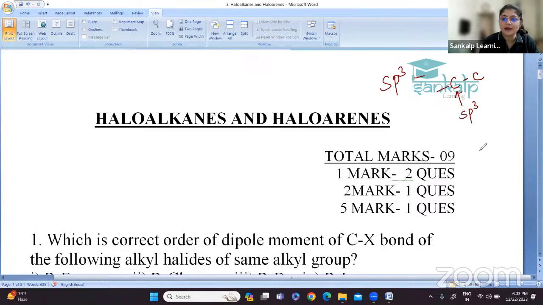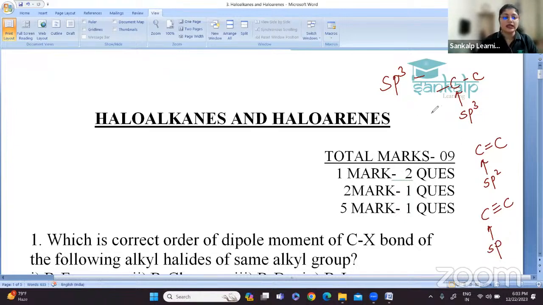When you have a carbon single bonded to a carbon, the hybridization of that carbon is sp3. When a carbon is double bonded, the hybridization is sp2. And if a carbon is attached to a triple bonded carbon, the hybridization is sp.